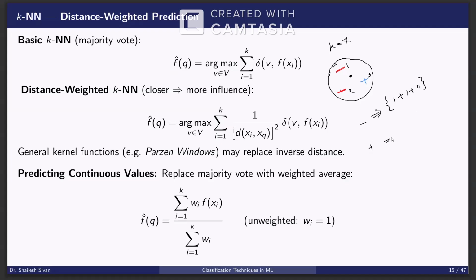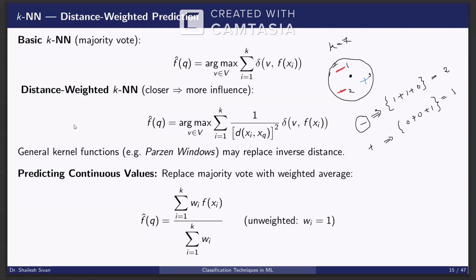And for plus, it will be 0 plus 0 plus 1. So the value is 2 here and 1 here. So we will map this observation into the minus class, right?